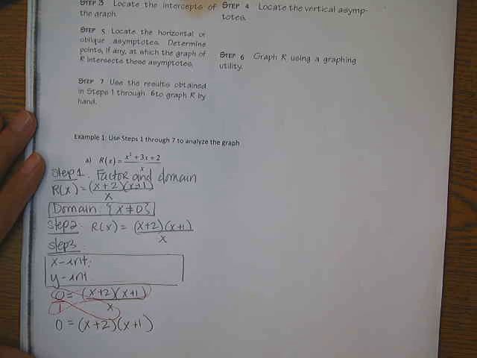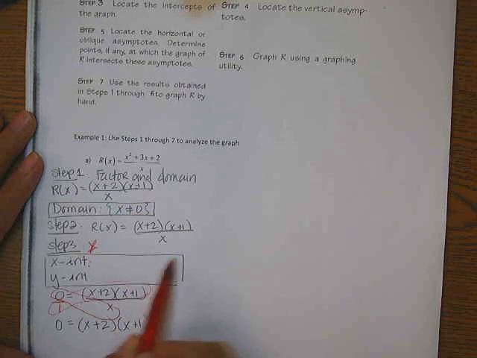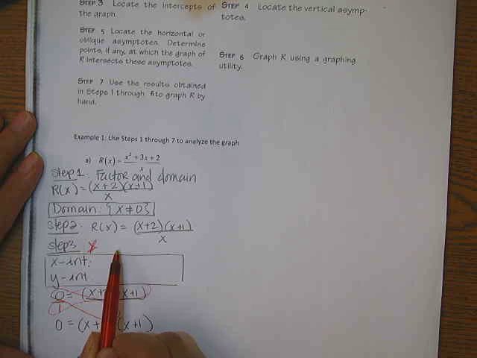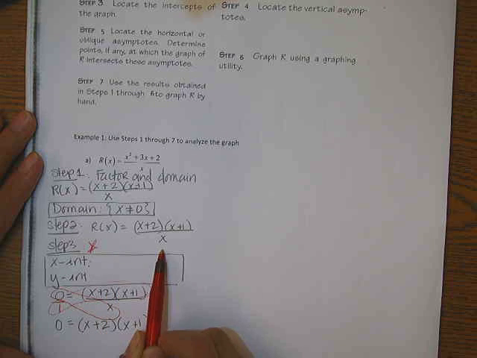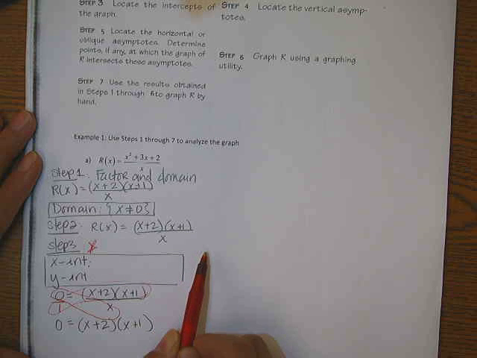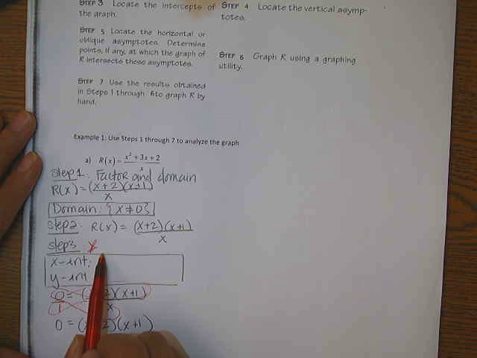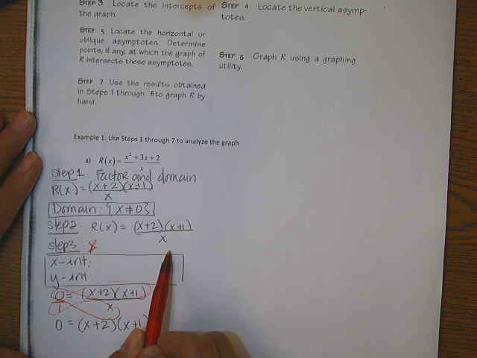If you are listening, I would totally write that out. X-intercept is the same as taking the numerator and setting it equal to 0. So again, you should write this out so you will know for yourself.